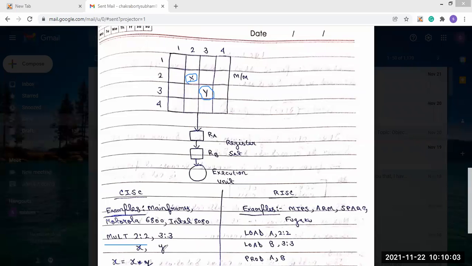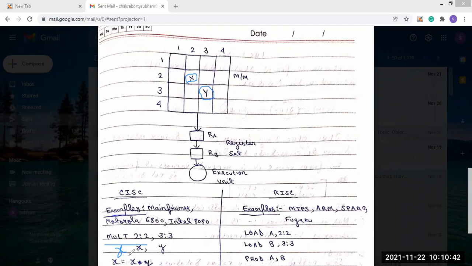So we multiply both values, and after multiplying, where will we store the result? In the X location, because if nothing is mentioned, it works like an accumulator. After multiplication between X and Y, we store the value again into X, that is, into the memory location.